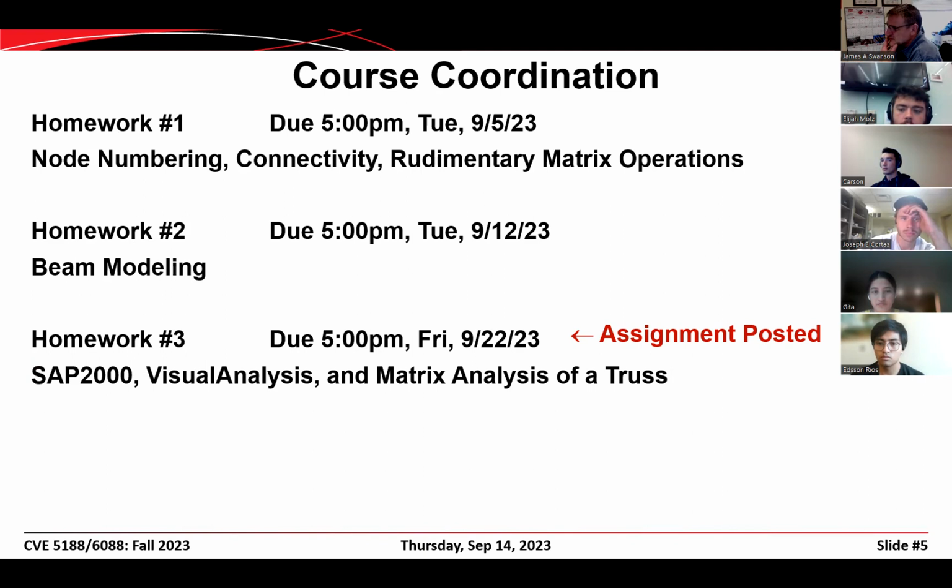And so problem number 1 is the SAP model. Problem number 2 is a visual analysis model, or maybe it's the other way around. And then problems 3 through 8 are different steps within the matrix analysis process. Depending on how long it takes you to do the matrix stuff, it will probably take you guys somewhere on the order of maybe a half an hour to do the SAP model, half an hour to do the visual analysis model.